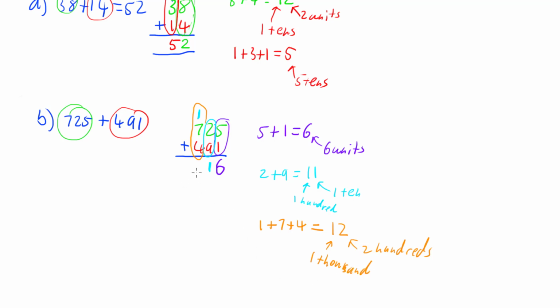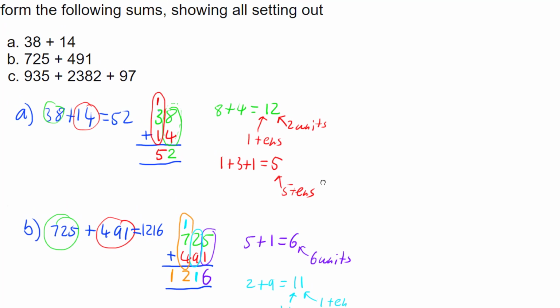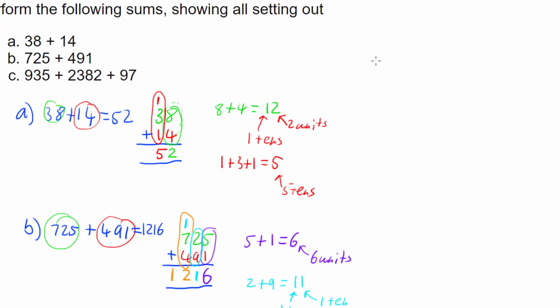So I have 2 hundreds. And then going into my thousands column, I haven't got anything, so I just place that one down there. So I have my 12. So we now have our answer, 725 plus 491 equals 1,216.